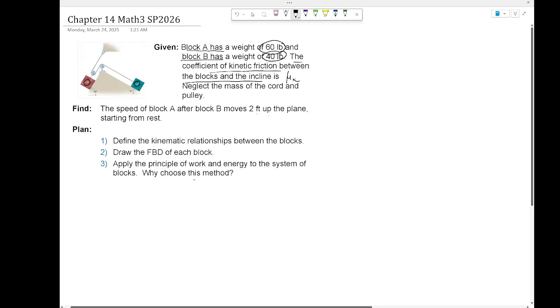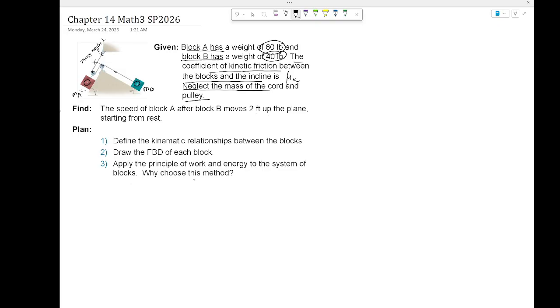Let me put mu k for now. Then neglect the mass of the cord and the pulley. What does it mean? No mass. Don't neglect the mass of A and B though. A and B are significant.